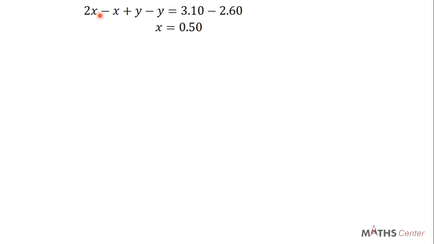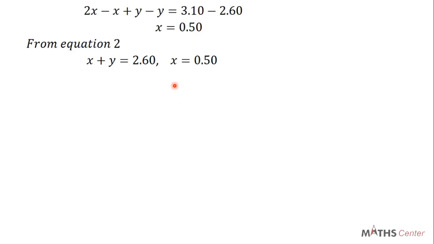So 2x minus x will give us x, y minus y will be 0, and x will give us 0.50 because 3.10 minus 2.60 is 0.50. Remember once again that x is the cost of one apple. What this means is that one apple costs 50 pesos.